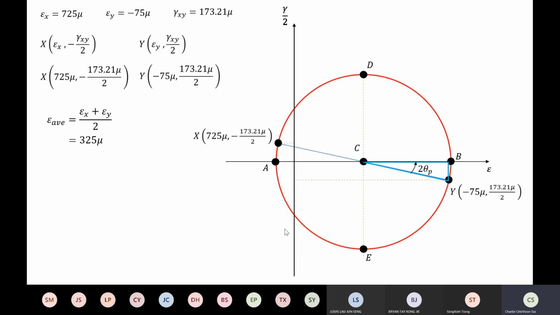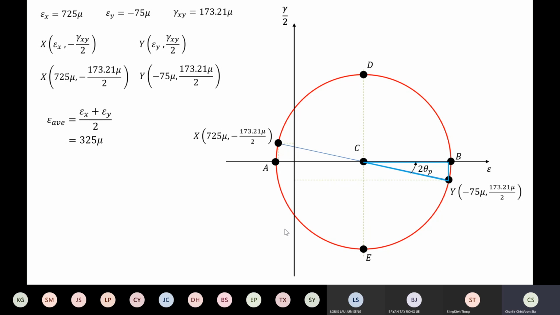Moving towards the normal strain will be 2 theta p. Moving towards the vertical shear strain will be 2 theta s. 2 theta p and 2 theta s are 90 degrees apart.